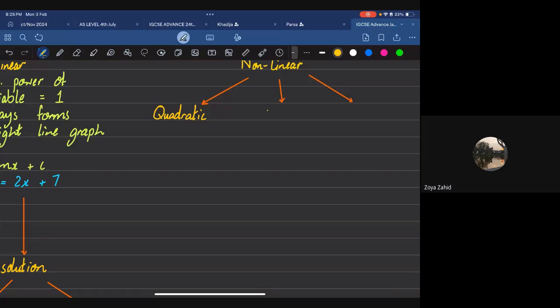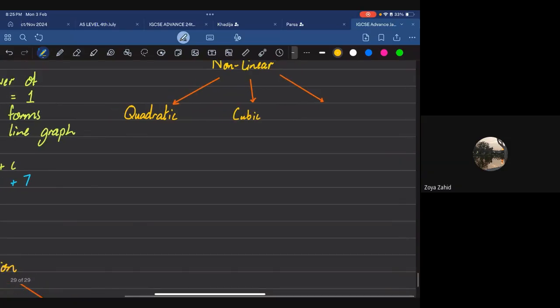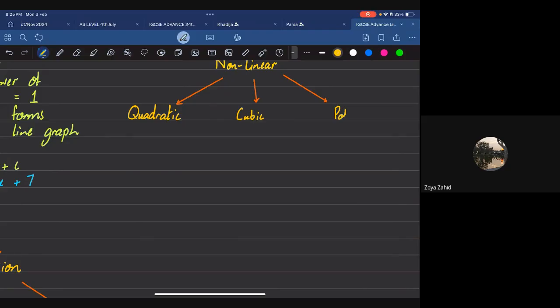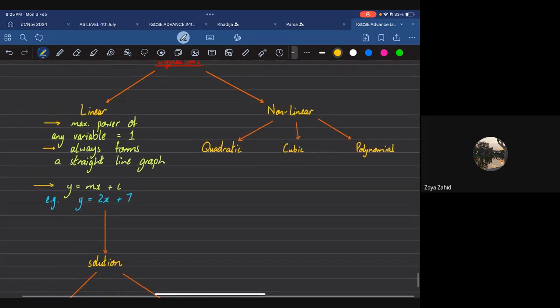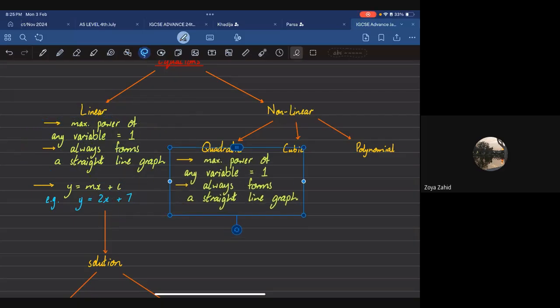Then you've got your cubic equations. And then lastly, you've got your polynomials. Polynomials are simply neither cubic nor quadratic. The powers that they hold are greater than 2 and 3 as well. So it's kind of the same thing, with the same properties for both.